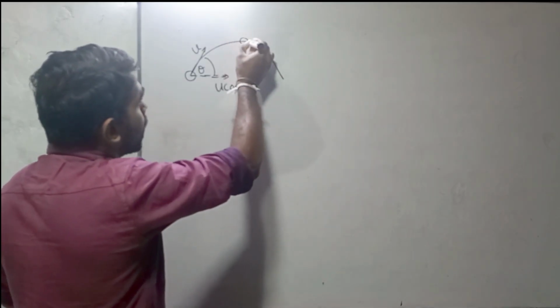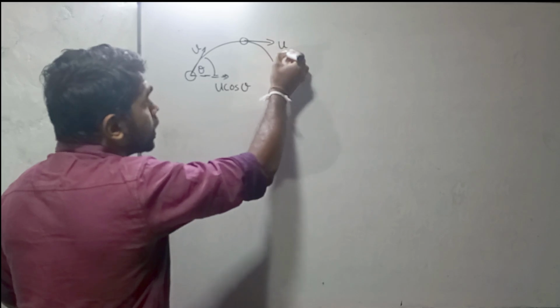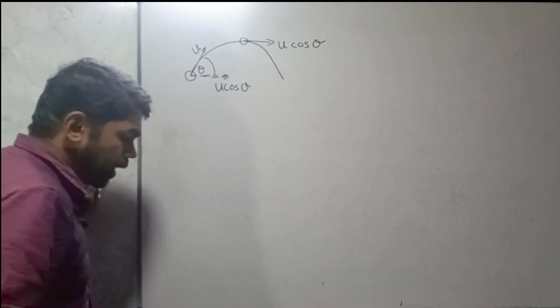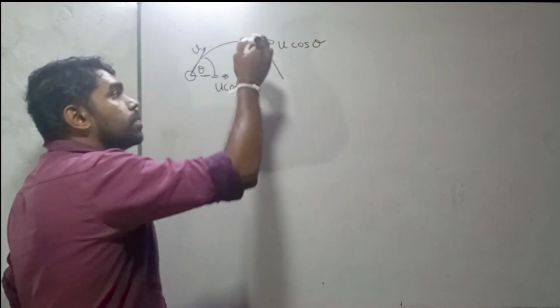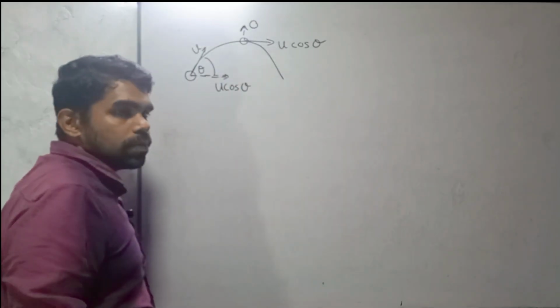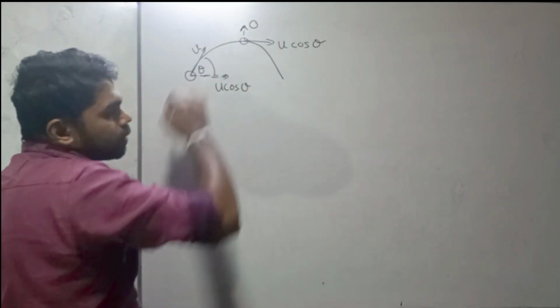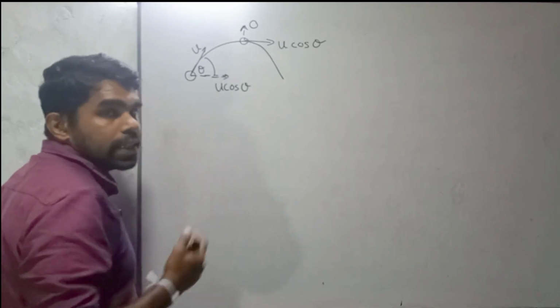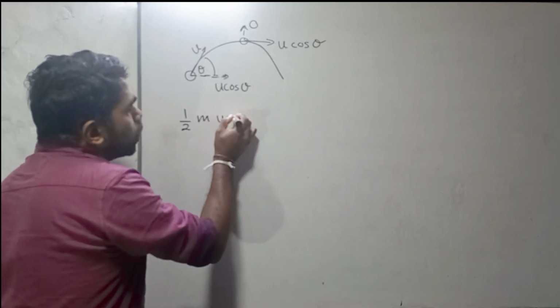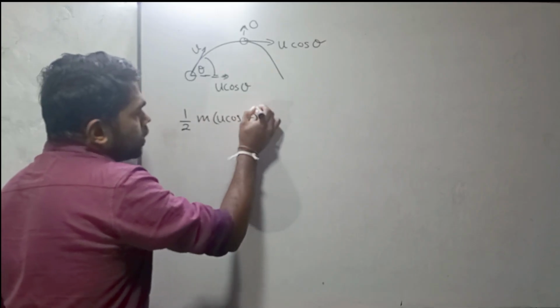Therefore, at the maximum height, the horizontal velocity component is u cos theta, but the vertical velocity component is 0. Therefore, we can write the kinetic energy at the maximum height as half m (u cos theta) squared.